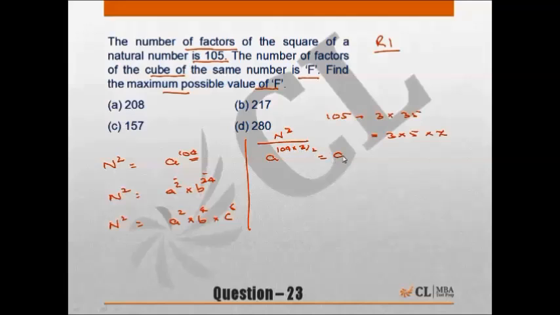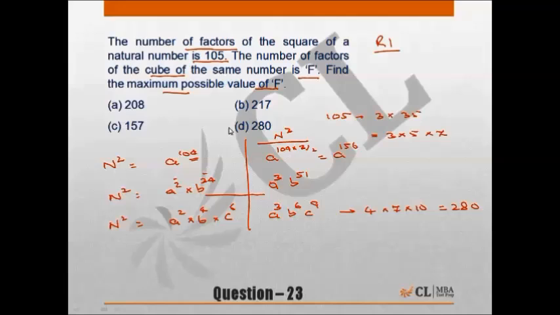Similarly, n cube in this case would be a to power 3 into b to power 51. 51 is nothing but 34 into 1.5. Similarly, in this case, it will be a cube, b to power 6, c to power 9. The number of factors in this particular case would be 4 into 7 into 10, which is equal to 280.